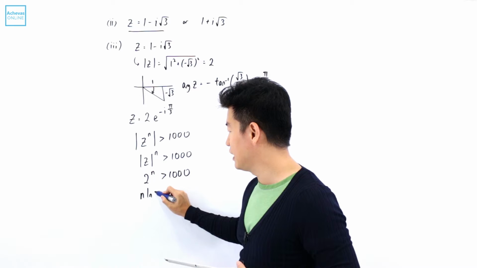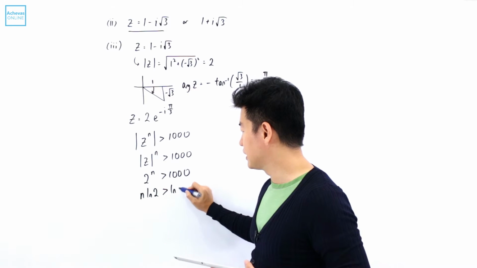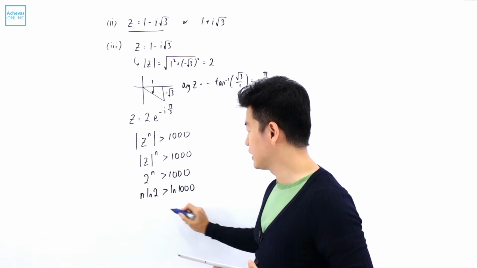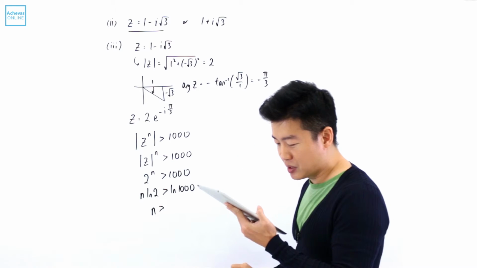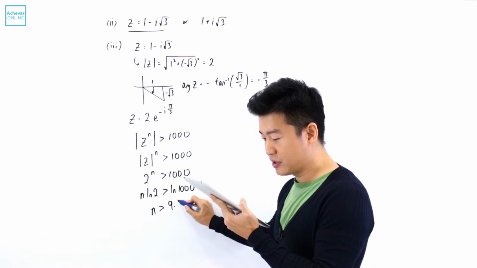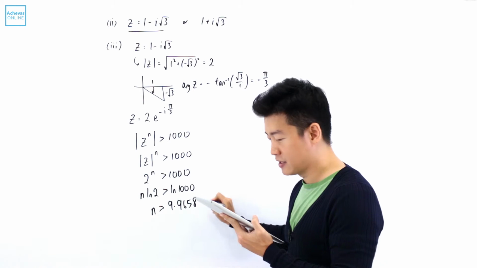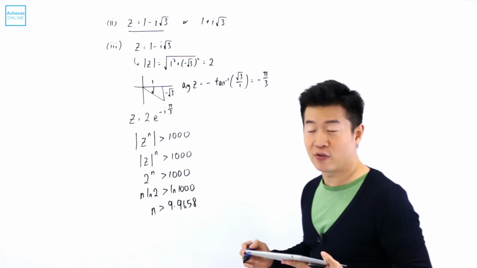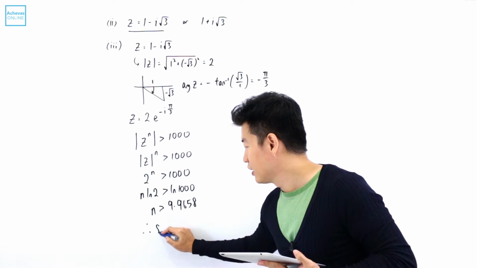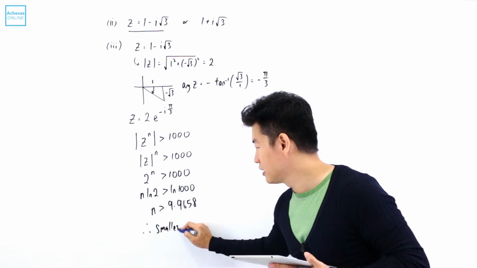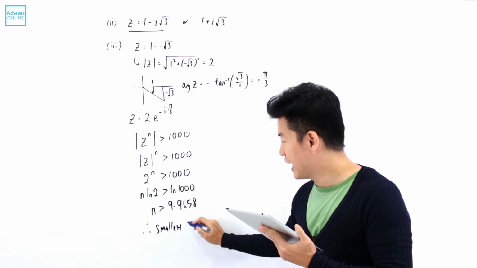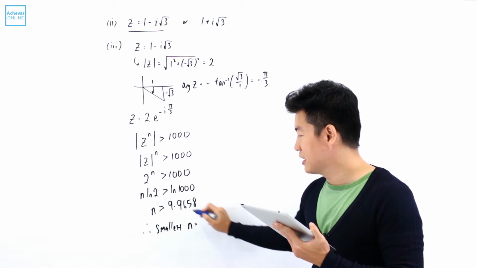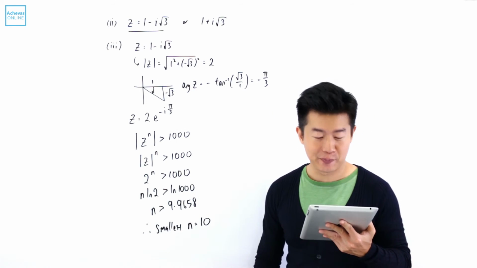So n ln 2 is bigger than ln 1000, so n is going to be bigger than 9.9658. So the smallest positive integer for n is going to be equal to 10.